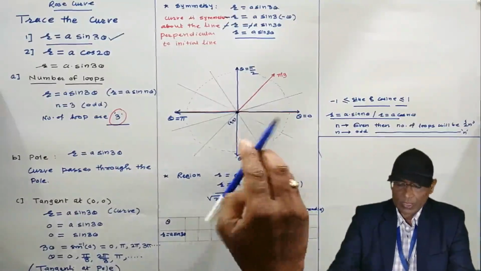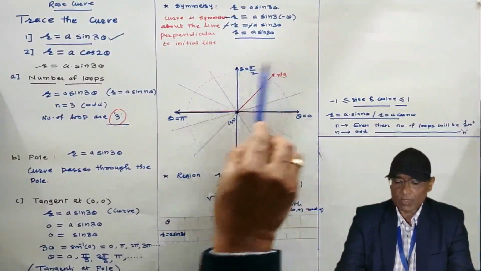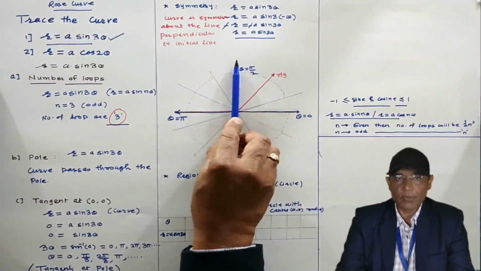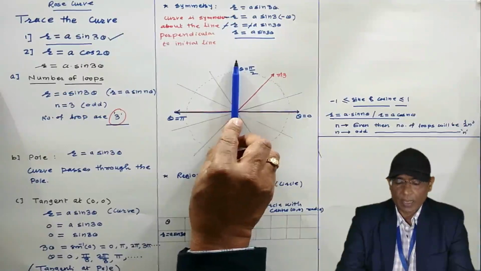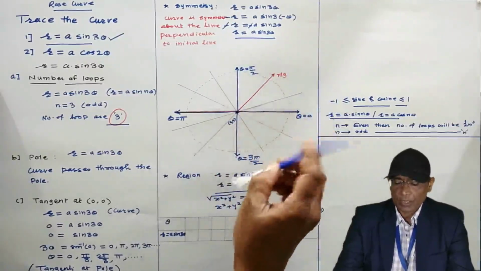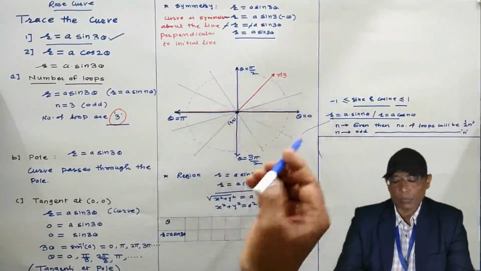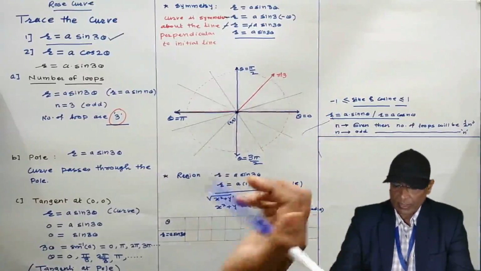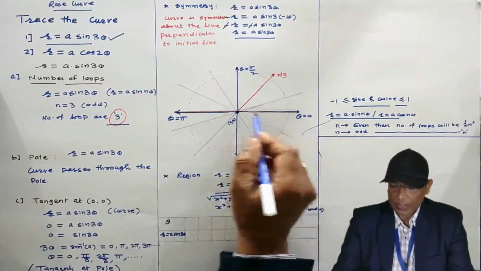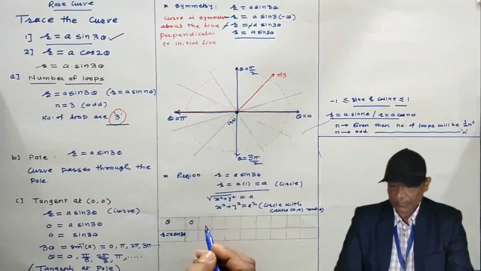Since the curve is symmetric about the vertical line, I am going to draw the right hand side portion of the curve. So the right hand side values of theta I will be putting here. See, here theta is equal to 0, I am putting. This occurs on the right hand side.